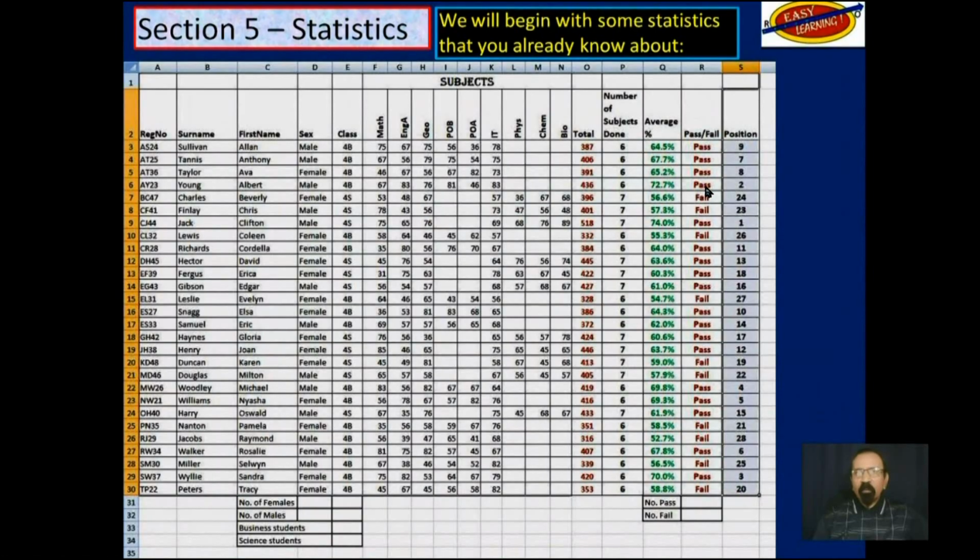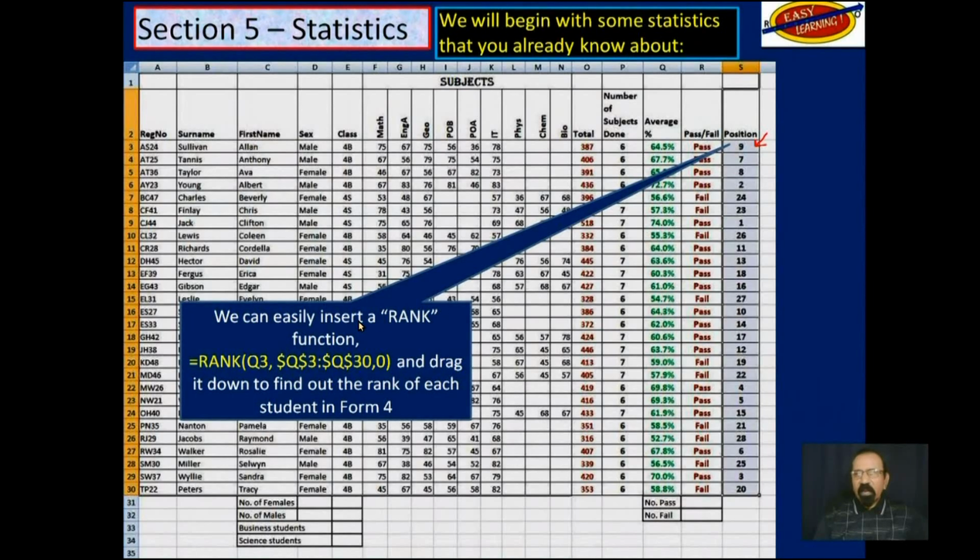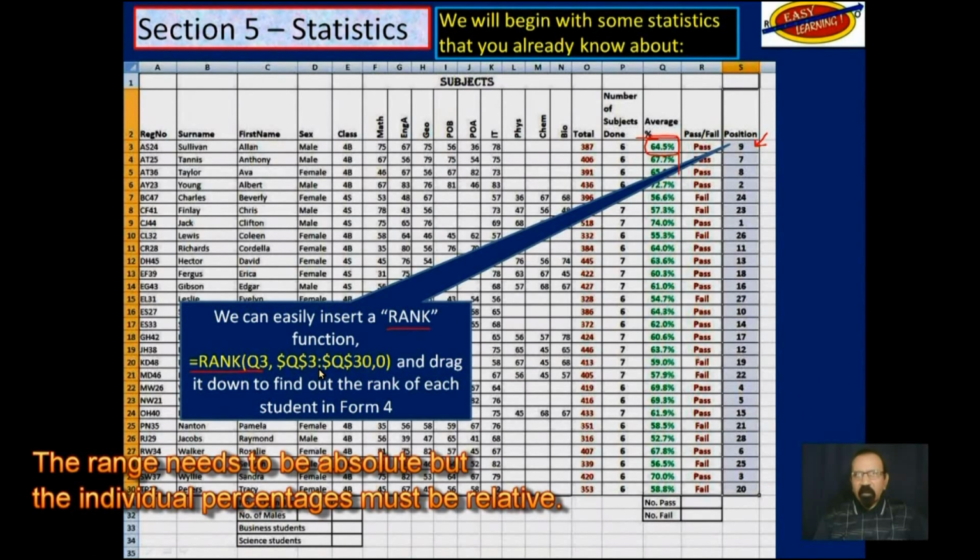Also, we can now insert a function here to find the rank of each student in the 2 classes together. So we insert a rank function, and we are going to rank this first percentage here, which is Q3, in this range, that whole range there.